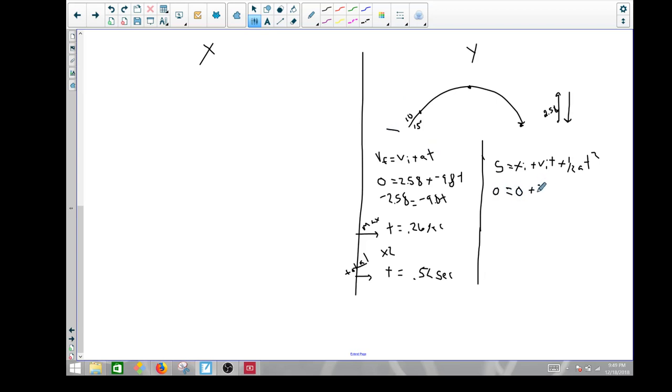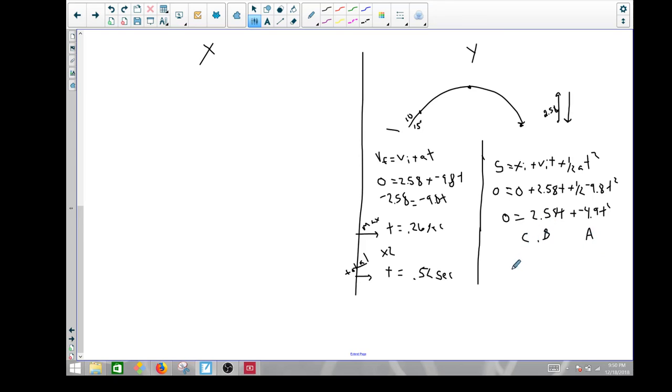Plus initial velocity, 2.58, again using only the y component, t plus 1/2 negative 9.8 t squared. So this gives me 0 equals 2.58 t plus negative 4.9 t squared. Again, I have my A component, my B component, and my C component is 0.